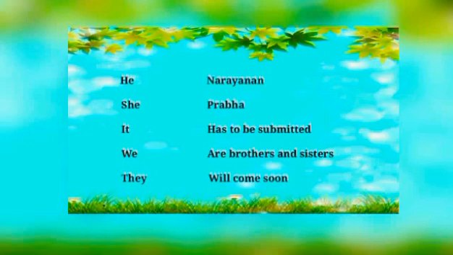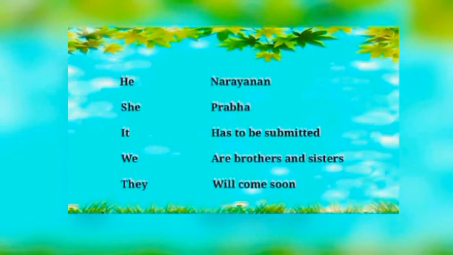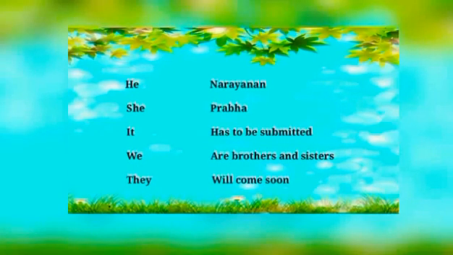We are brothers and sisters. We is used when you are talking about yourself along with others. They will come soon. They is used when you are talking about other people, animals or things.